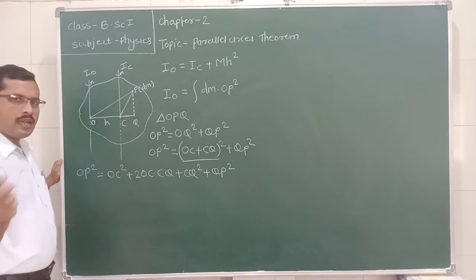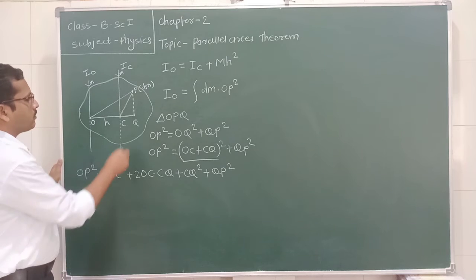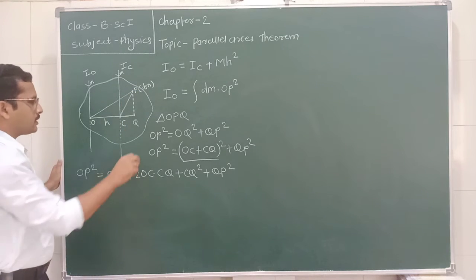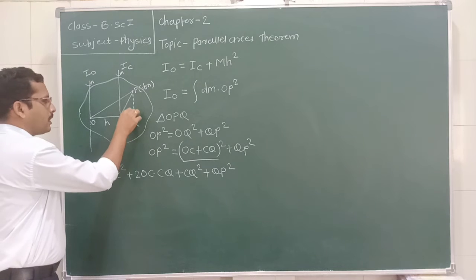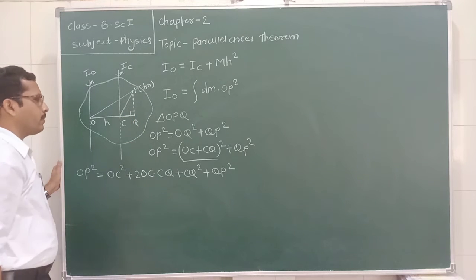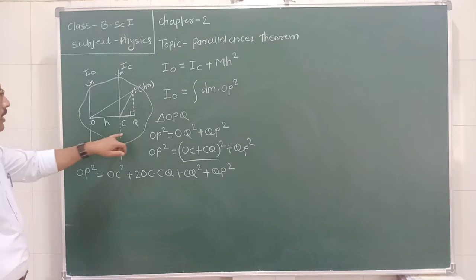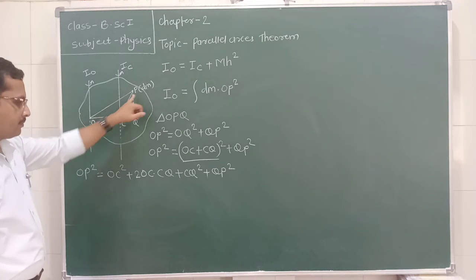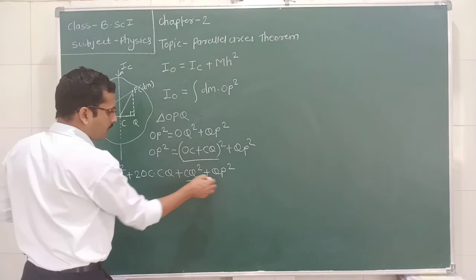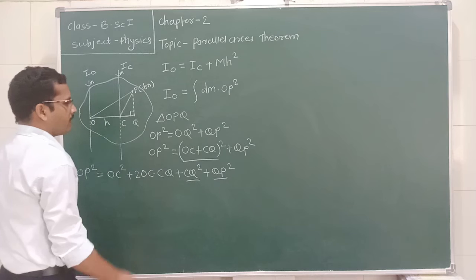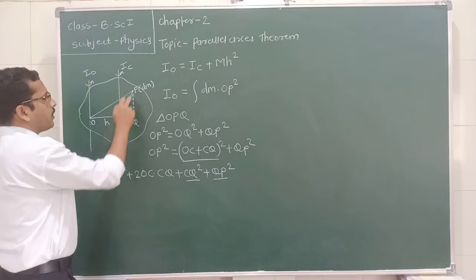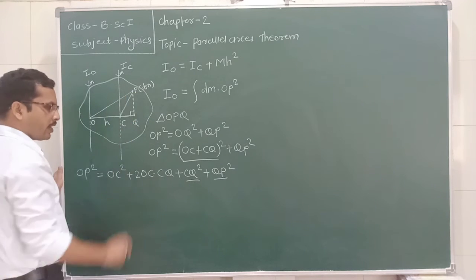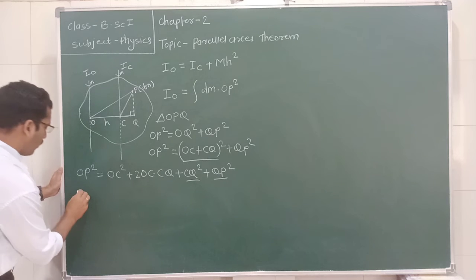Now there is another right angle triangle, which is CPQ. In this case, if we apply the Pythagoras theorem, then we get CQ square plus QP square equal to CP square. So how can we write this?